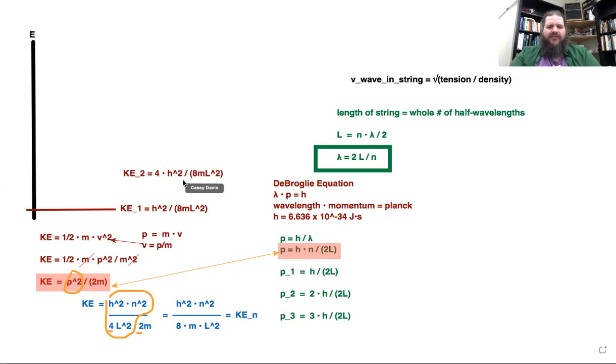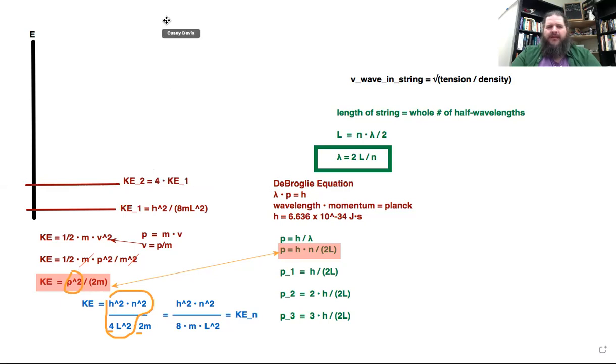But since h squared over 8 ml squared is just Ke1, we can abbreviate this by just saying 4 times Ke1. In other words, it should be exactly 4 times as high as the base energy. So this is going to be 4 times as high. Make that a little more to scale. 1, 2, 3, 4. So maybe something like that.